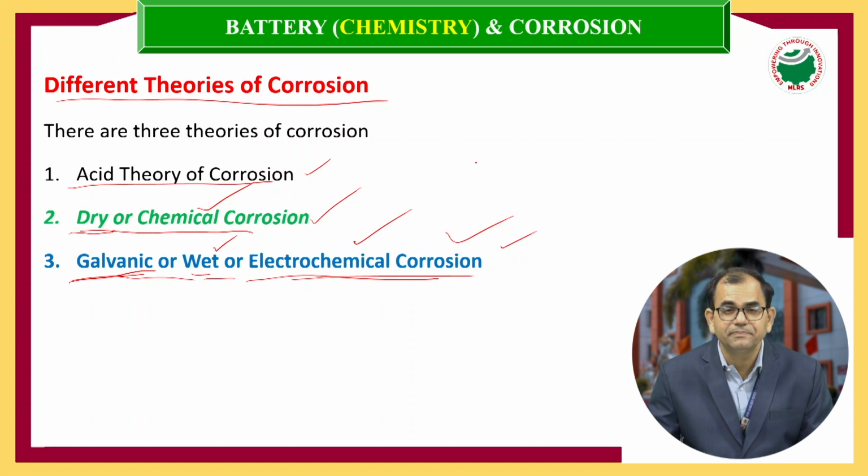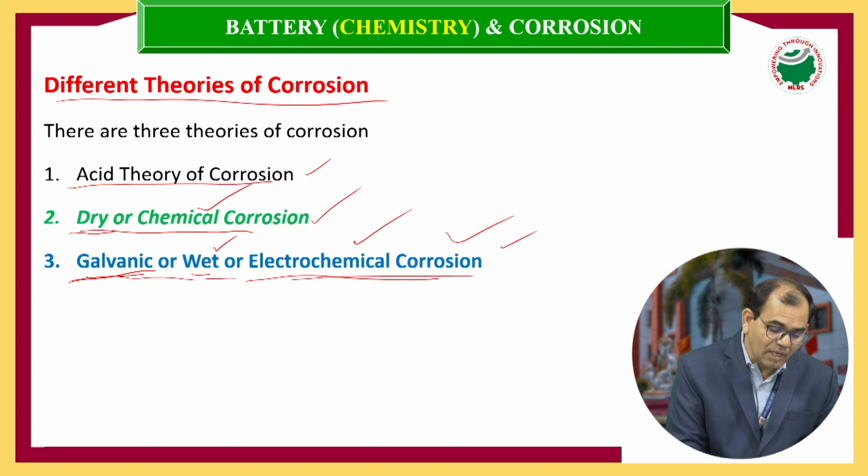Because when we take two dissimilar metals, iron and brass for example, oxidation and reduction take place with the help of a medium, an electrolyte, or any atmospheric medium.